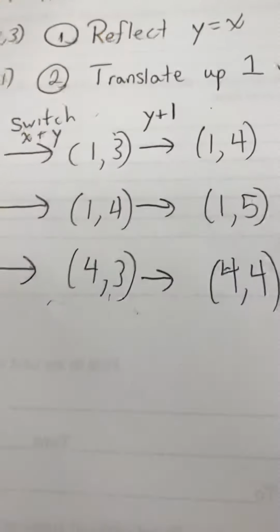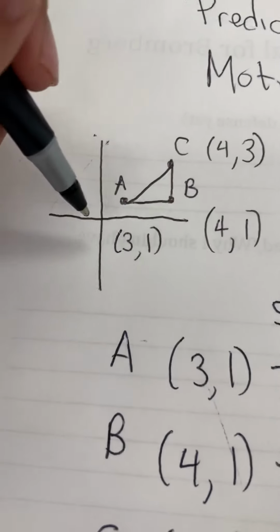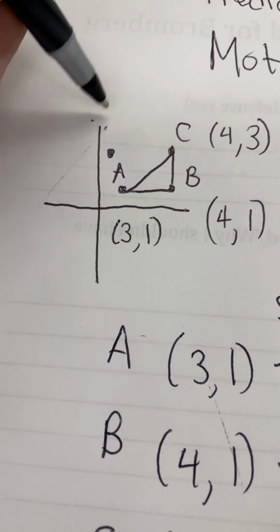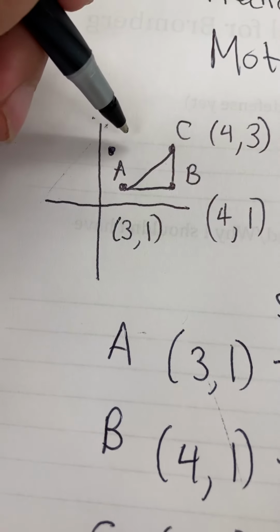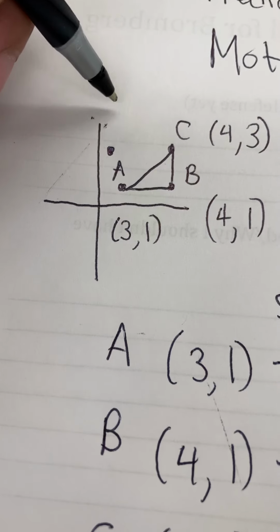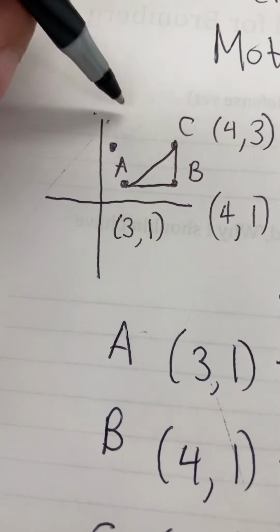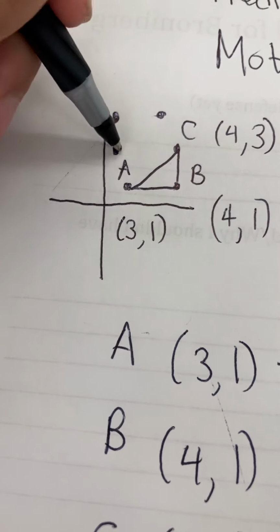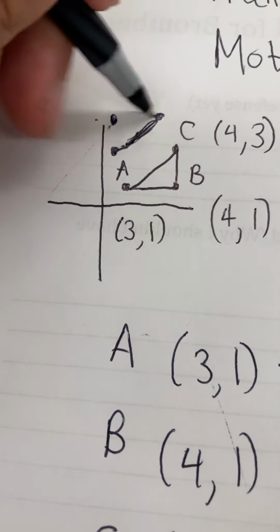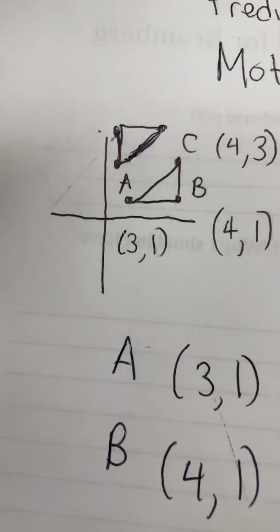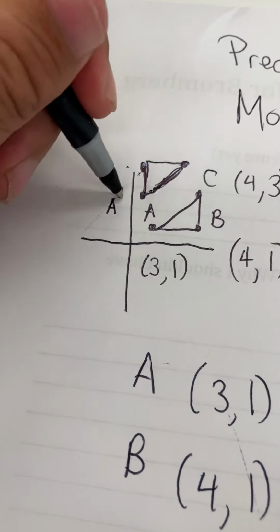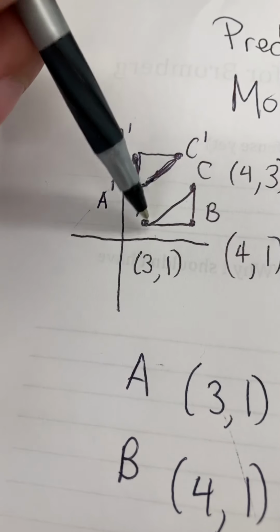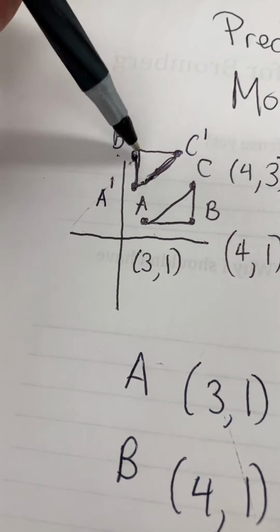So now if I graph 1, 4, 4, 4, and 1, 5, I get something that is the same shape and size after. And I can see it's been flipped and moved up.